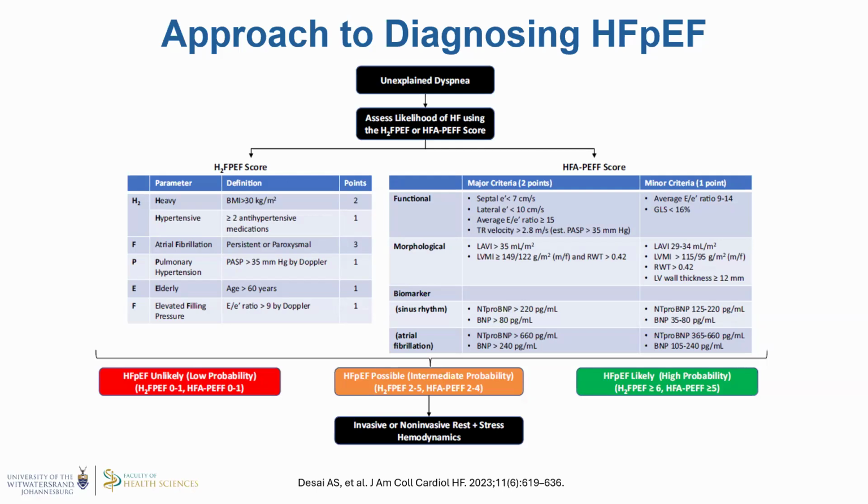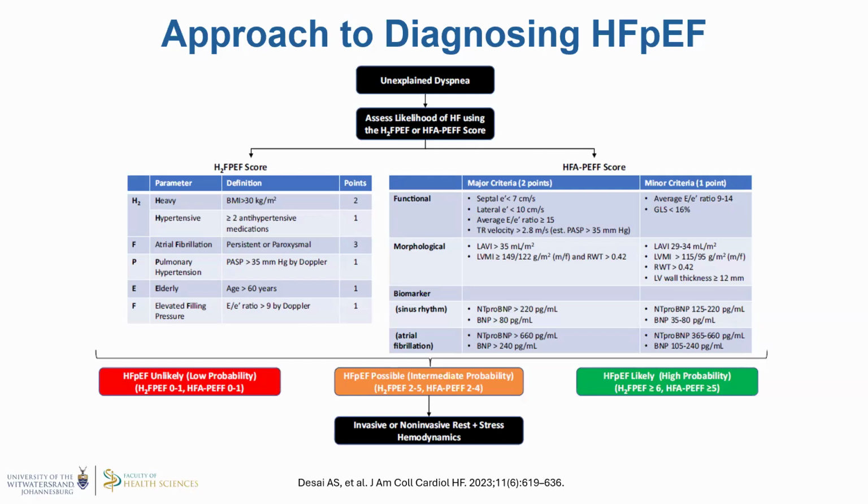So only two of these parameters need you to have an echo, which is more practical than the HFpEF score, which was derived from expert consensus and hasn't really been validated. So most guidelines actually prefer the H2FpEF score due to its simplicity and its practicality.